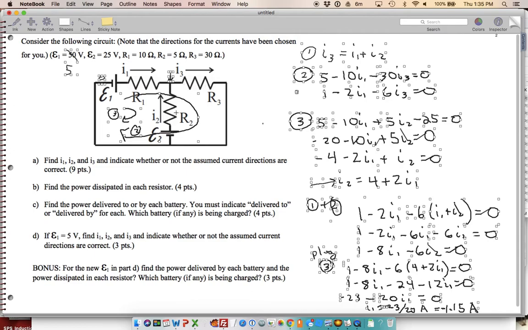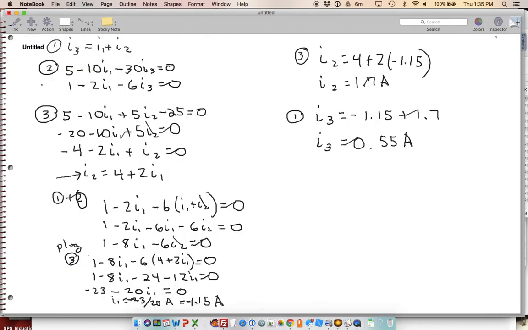I3 is positive and I2 is positive. So we're going to have our current in I1 going to the left and our current in I3 and I2 going in the way that's shown. So I2 is going to be pointing up.